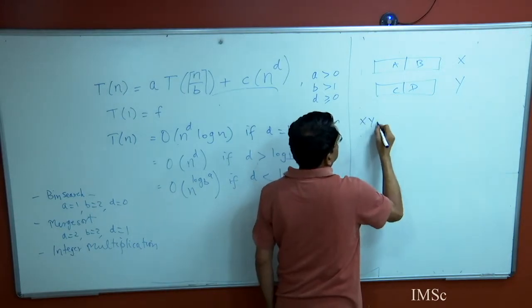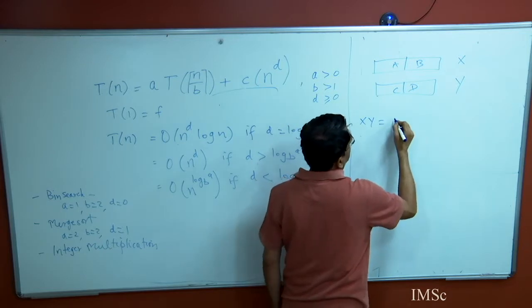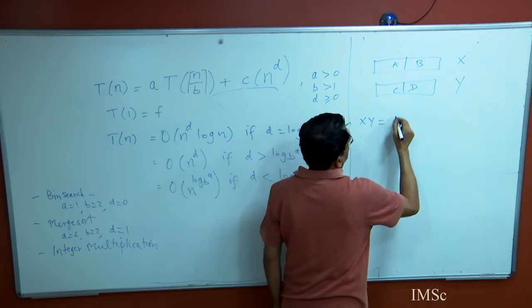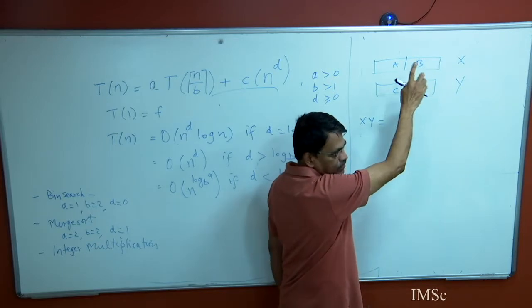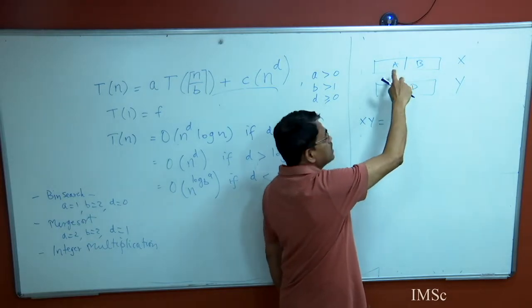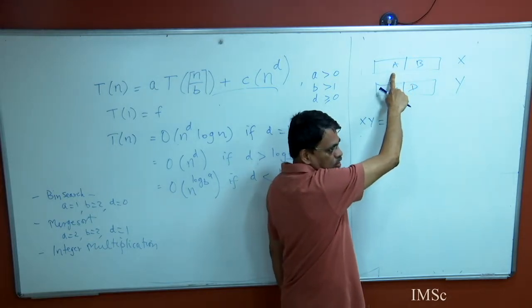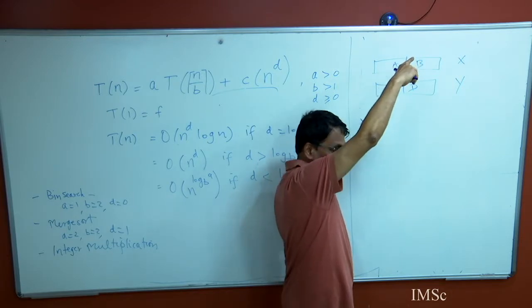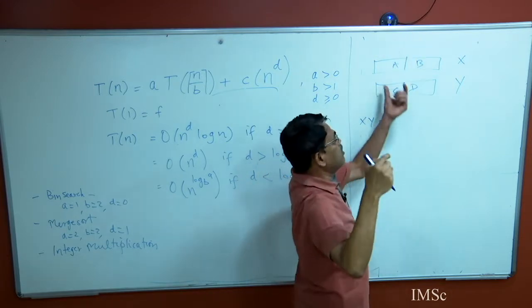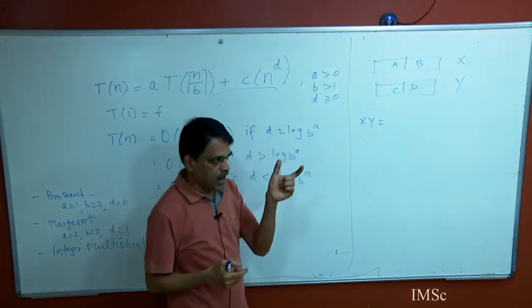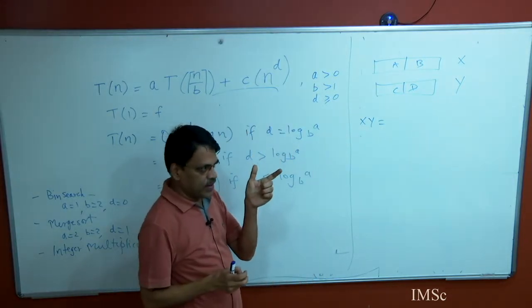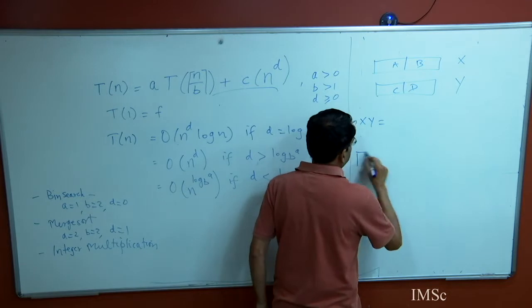Then we observed that xy is nothing but, so what is x? How do you write x? x is a times 2 power n by 2 plus b, right? Because if you think of a as a number with n by 2 bits.